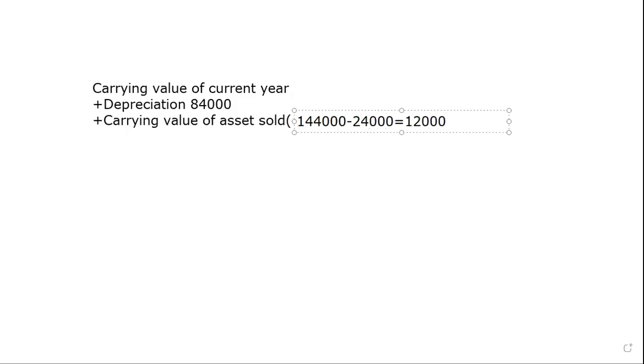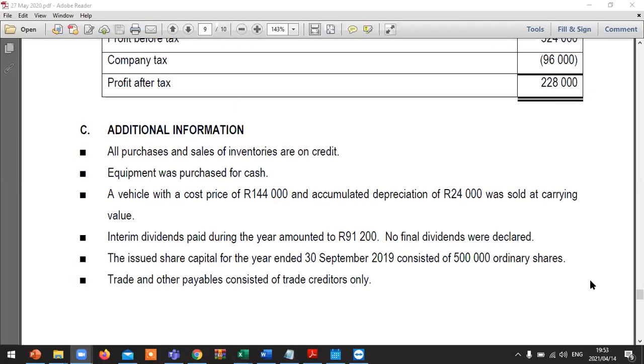This is the carrying value of the asset sold. Okay. What is the carrying value of the current year? Let's quickly check. Now we're going to look at the fixed assets, the non-current assets in total.